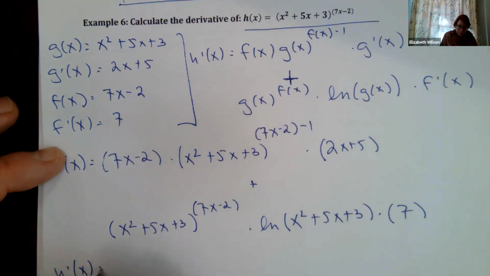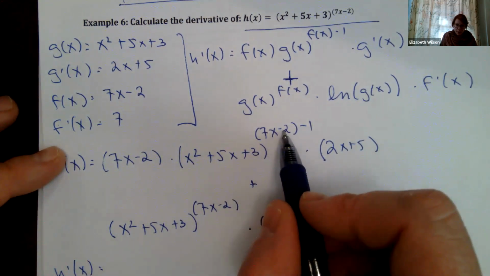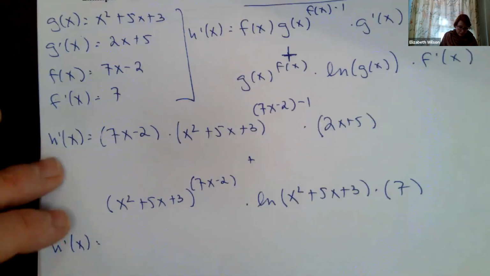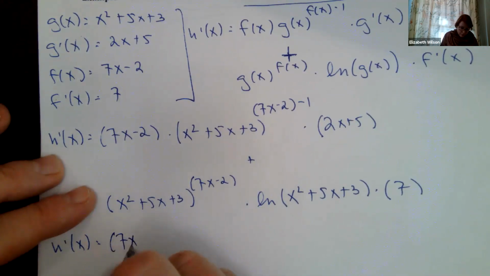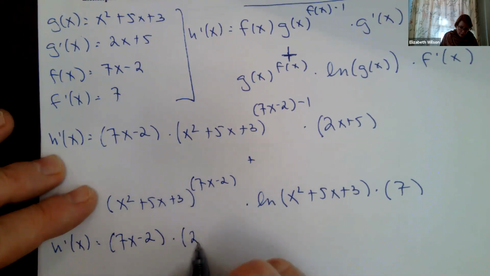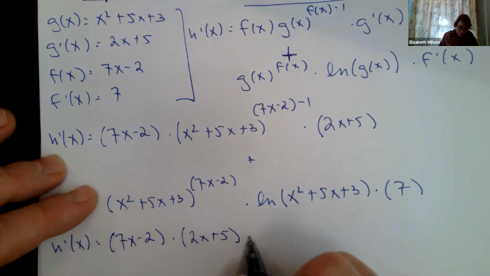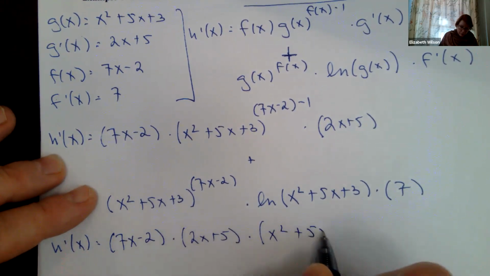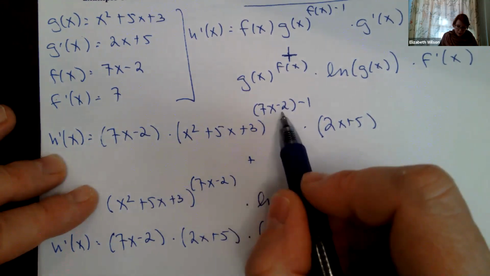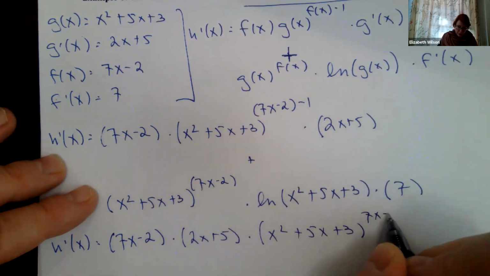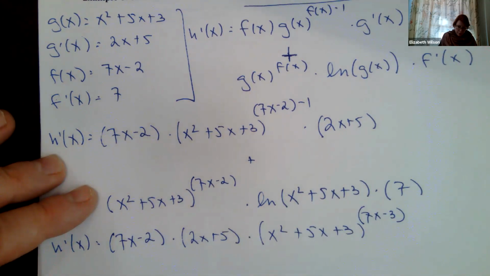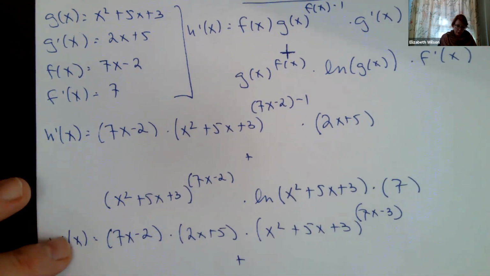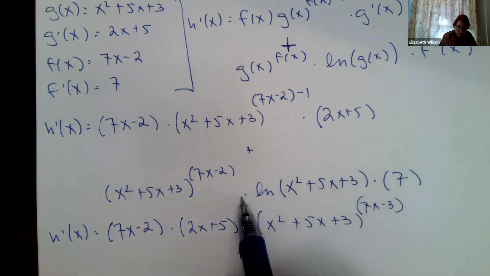Technically I'm done, but let's do the 7x minus 2 minus 1. Let's bring this out here: 2x plus 5, times 7x minus 2 minus 1, which is 7x minus 3. Plus, let's do that last bit down here. All I'm going to do is move this around so that it's in front of that part.